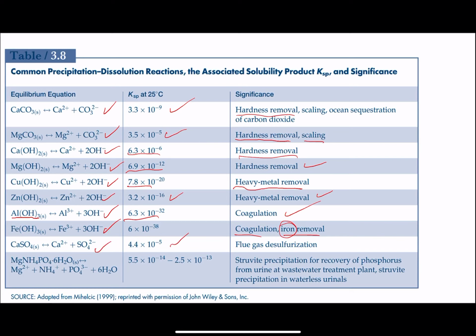This is to take sulfur from flue gas. Flue gas desulfurization. You don't want to pollute the air, so you want to take the sulfur from the flue gas before it pollutes the air. This reaction is also another one that has a range of KSPs. Okay, so every reaction has its own KSP.